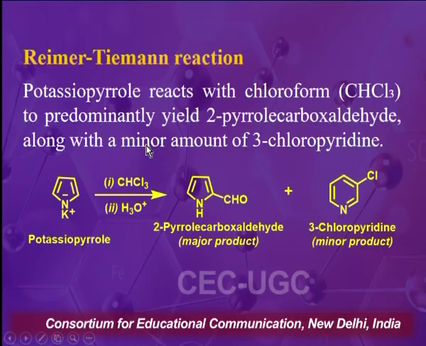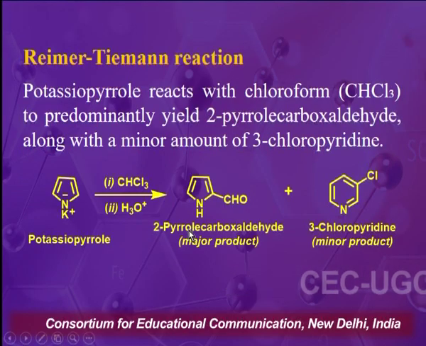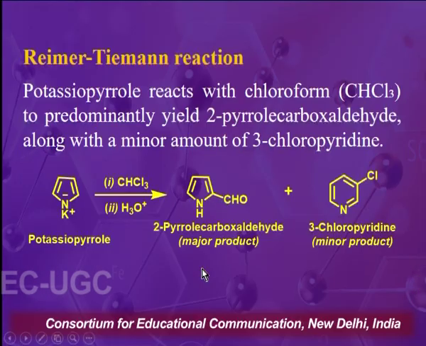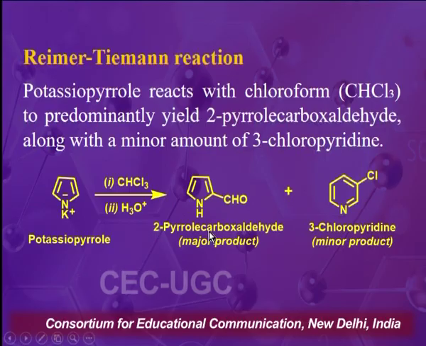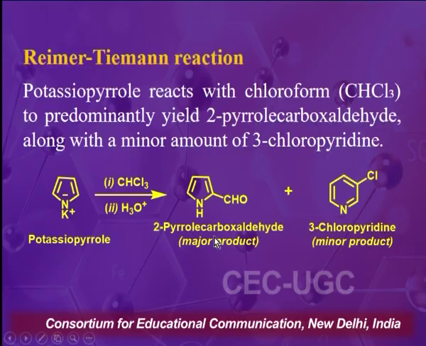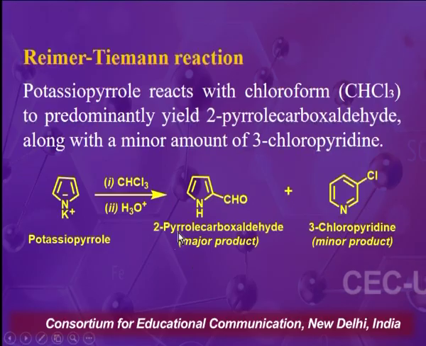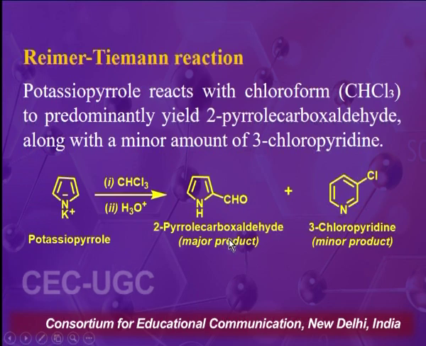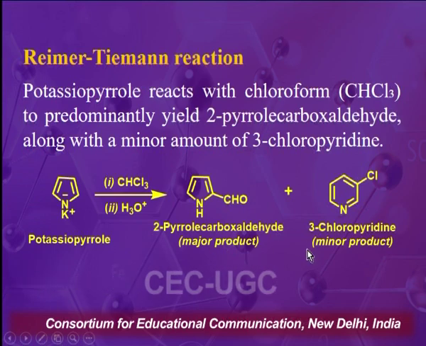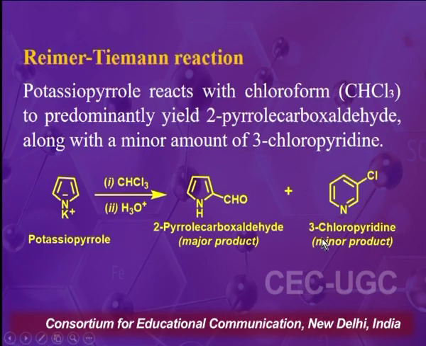Basically, the Reimer-Tiemann reaction is used for the introduction of a formyl group on any aromatic system. So we will get the desired product in major amount, that is 2-pyrrole carboxaldehyde, but along with that we will also get a side product in minor amount, that is 3-chloropyridine.